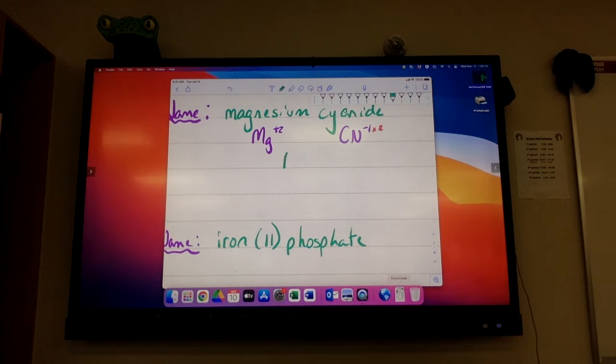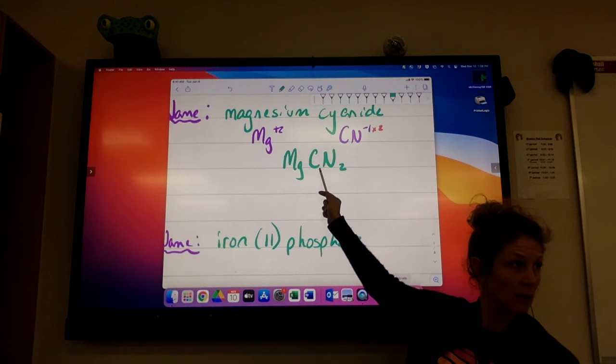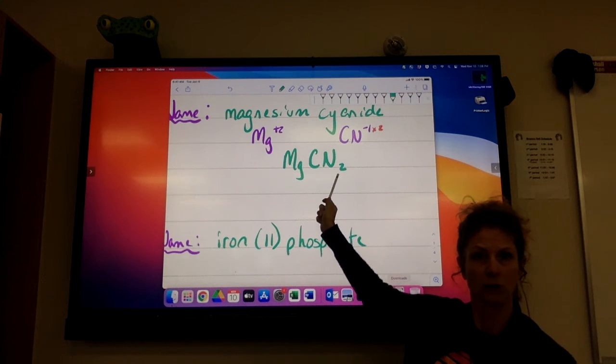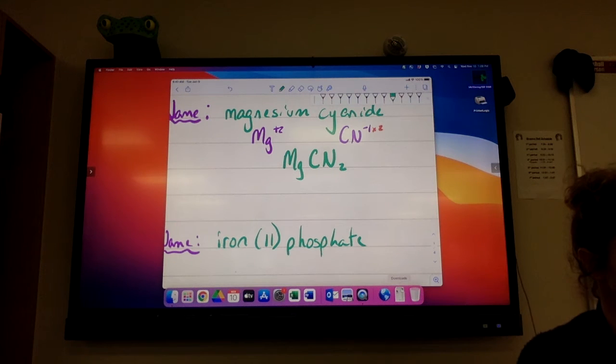So magnesium. Now, don't write this yet because I'm going to write it wrong. That's not the answer. Why? Because it's just doubling the nitrogen. Very good. This says I've got 1 magnesium, 1 carbon, and 2 nitrogens. That's not the same thing as 2 cyanides.